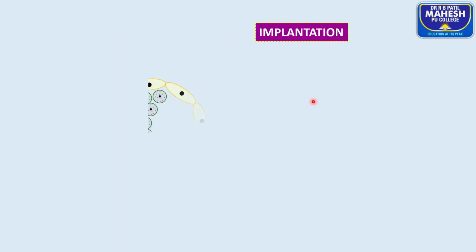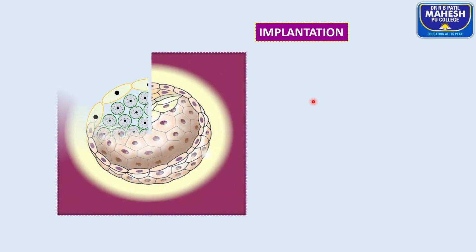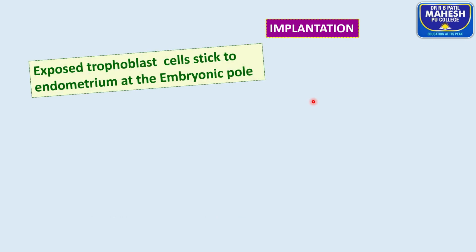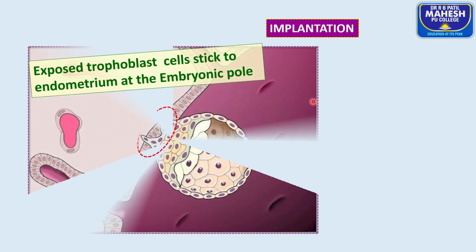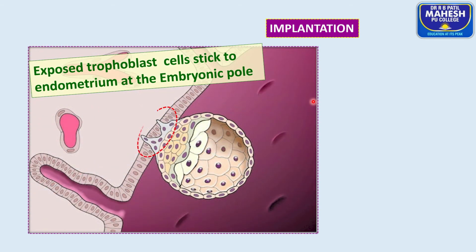Next, look at here. When you look at the structure of blastula, the exposed trophoblast cells stick to the endometrium at the embryonic pole.